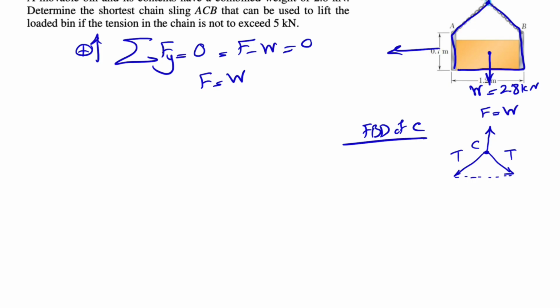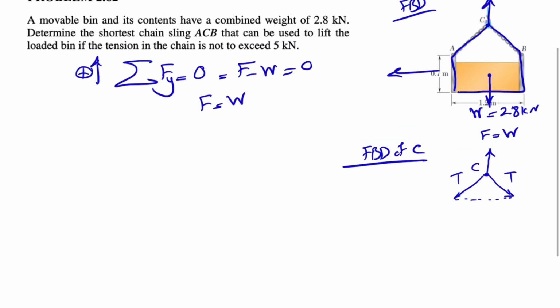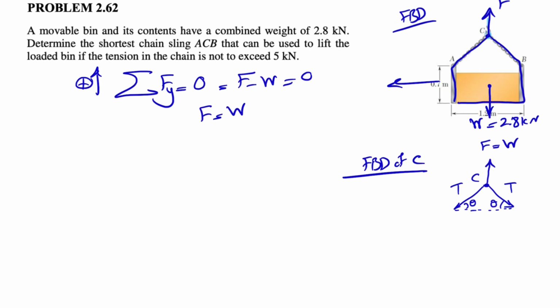Because of the symmetry of the system, if we call this angle theta in here, this one would be theta too. We do the same thing: sum of all forces in y direction equals 0. We know the maximum tension in the chain is 5 kilonewtons.